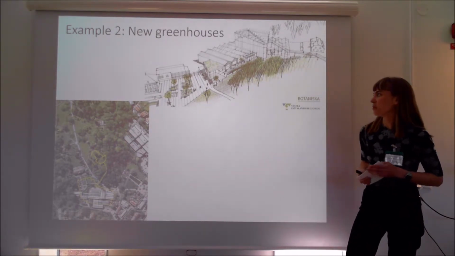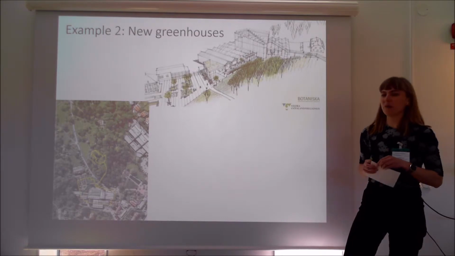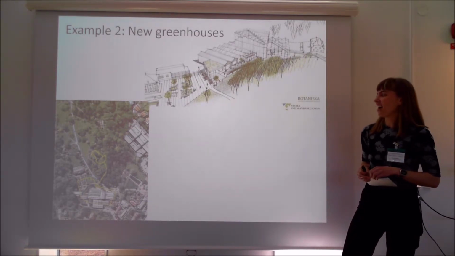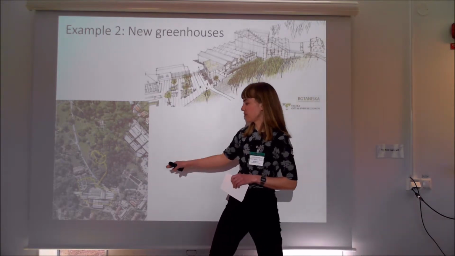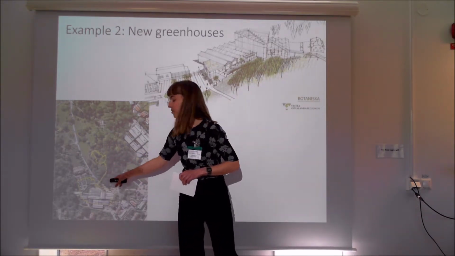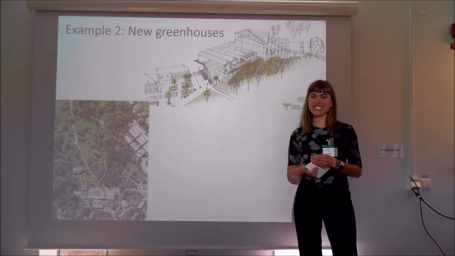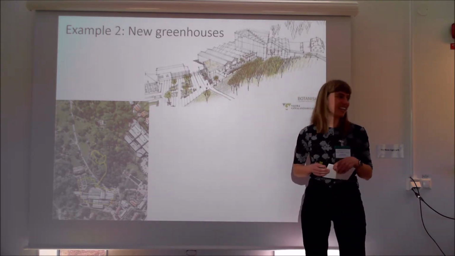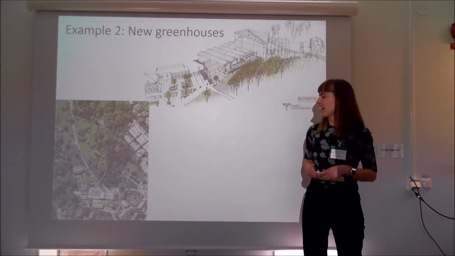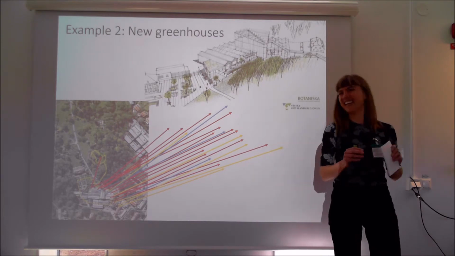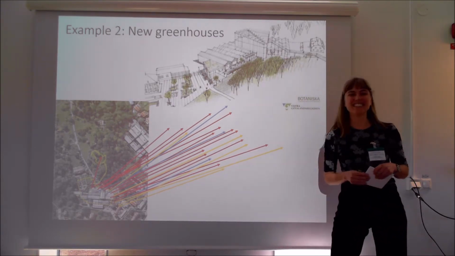We are hoping that we'll be able to build new greenhouses in a few years, located at the same spot as the greenhouses that we have today. You can understand this is a lot of logistics and evacuation planning, because the plants are going all over the place and hopefully then into the new greenhouses.